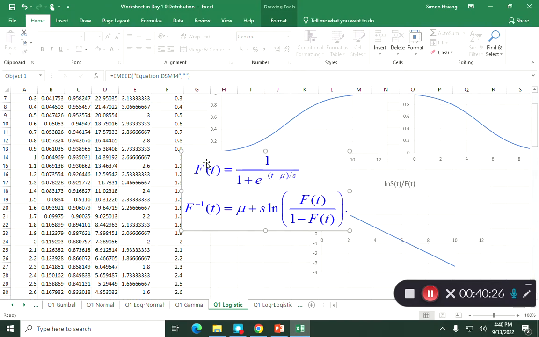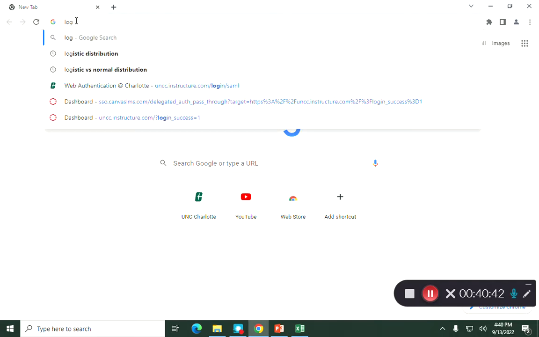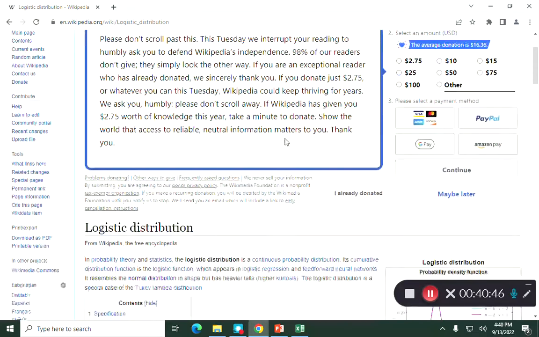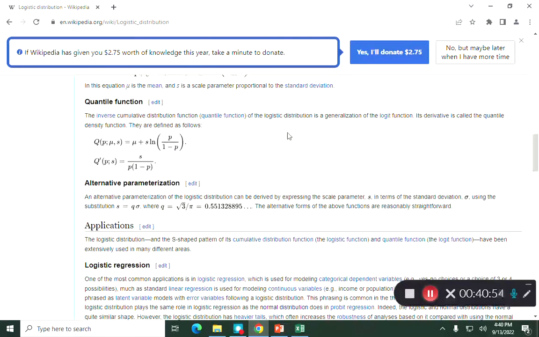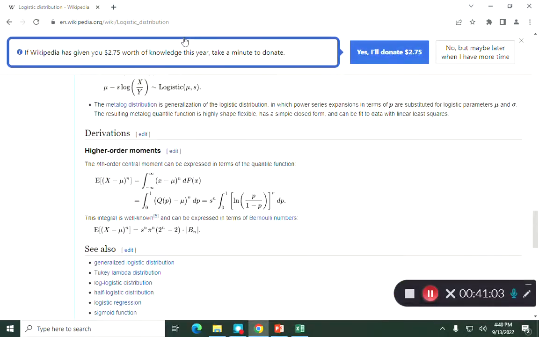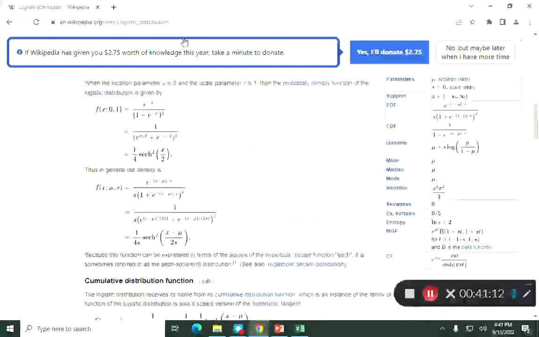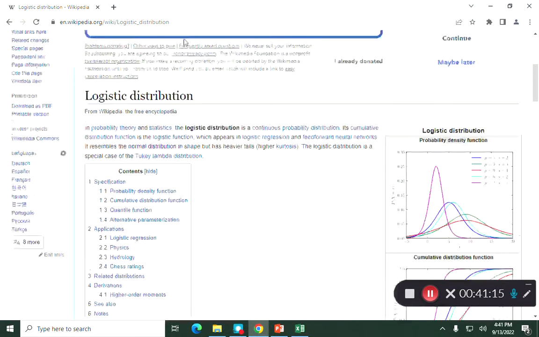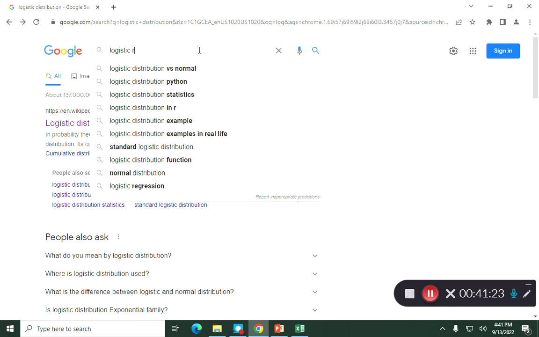First thing first, invert both sides, and then let me see if I can use the logistic distribution, logistic regression.